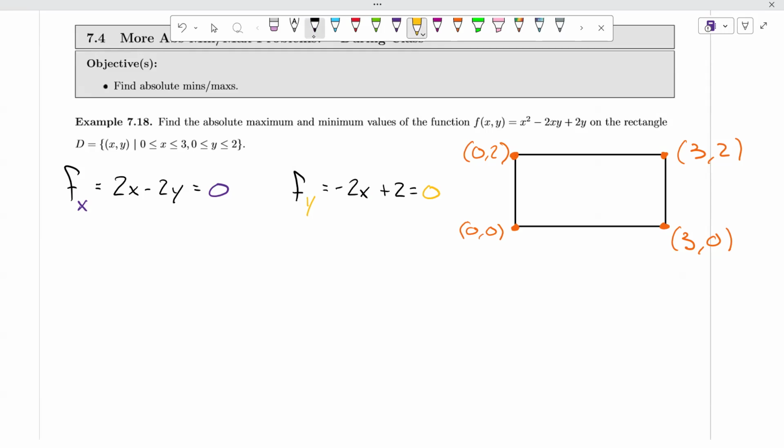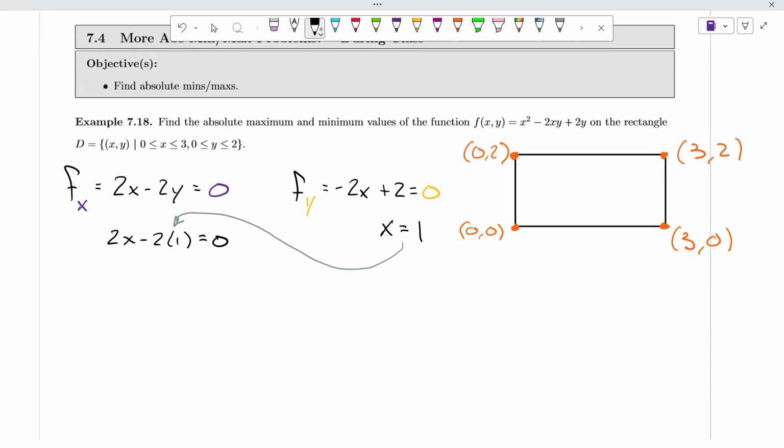And from that, I'll get a couple of solutions. I guess I really only get one solution, right? From the y partial, x is equal to 1. And then if I plug that in to the other side, 2x minus 2 times 1 is 0. Right, plug right in over there. Nope.